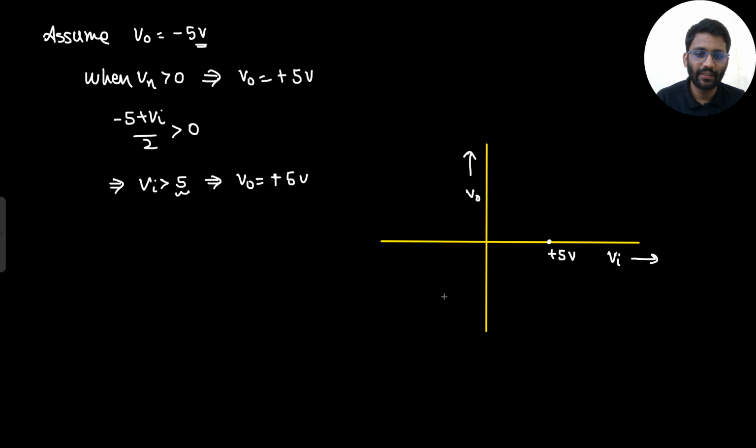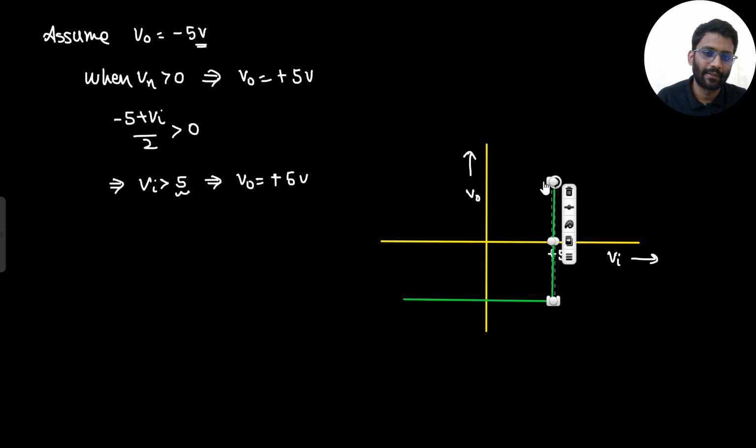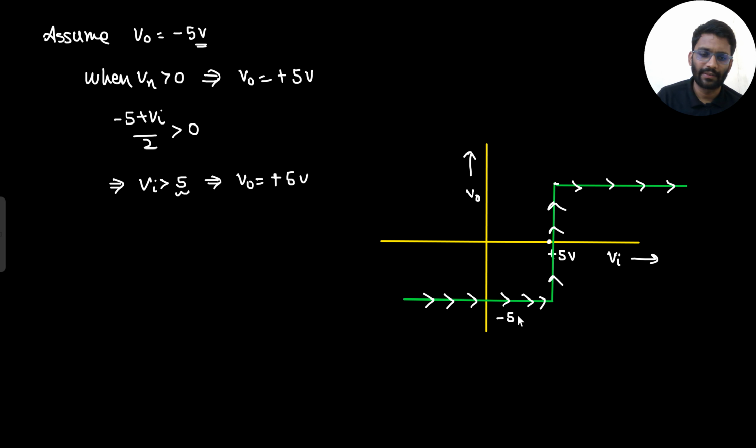So basically your output is minus V set, and then you are moving from minus 5 volt to plus 5 volt. So the arrow is like this.